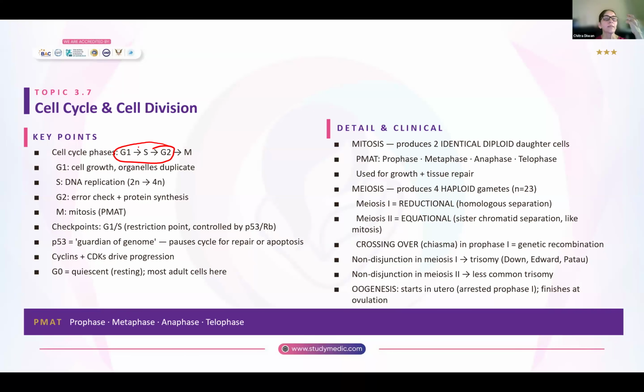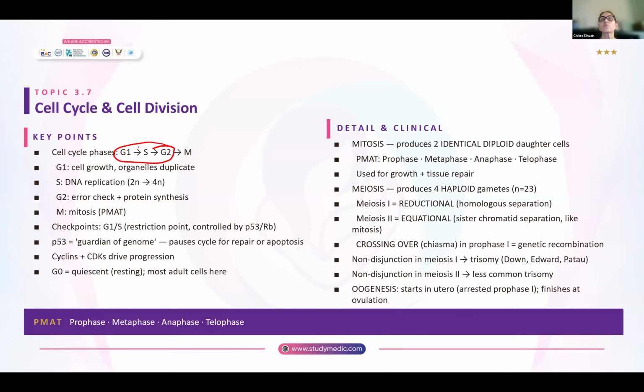So the checkpoints are there between G1 and S. At any point of time, whenever you have a checkpoint, if the cell realizes that something has gone wrong in G1 or in synthesis or in mitosis, the cell stops dividing. It doesn't go forward into mitosis. So that is a natural defense mechanism by the body. I have given you a slide after this, which shows what exactly is happening at the checkpoints. Okay.